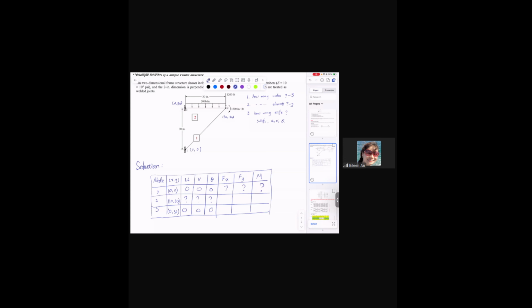How about node 2? Fx is 0, yes, because we can't find any x component. How about Fy?